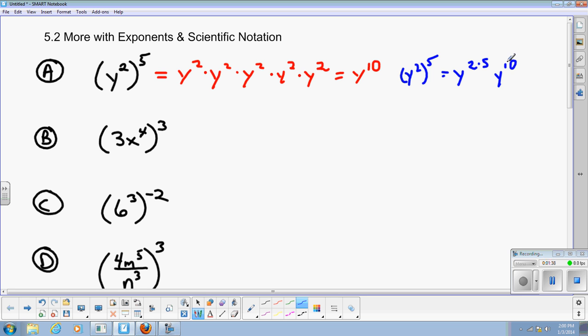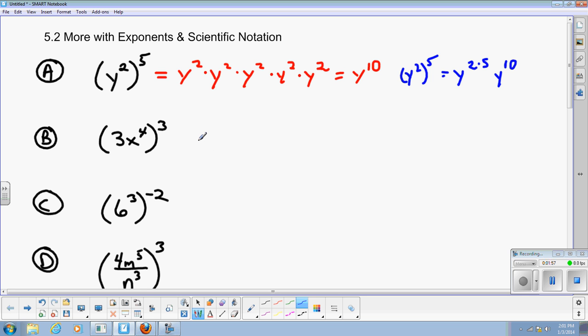You can do this problem either way. So this is a rule, a property, where if I have a power to a power, I can multiply the exponents to find the correct exponent on my answer, instead of writing them out the long way and adding all those numbers together.